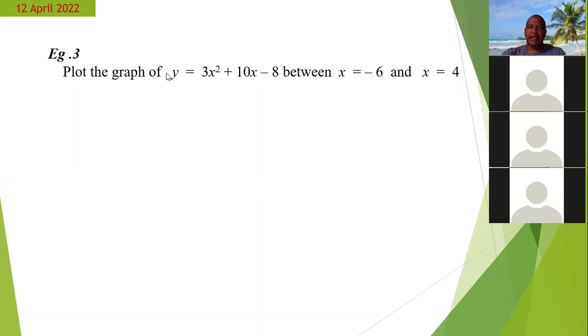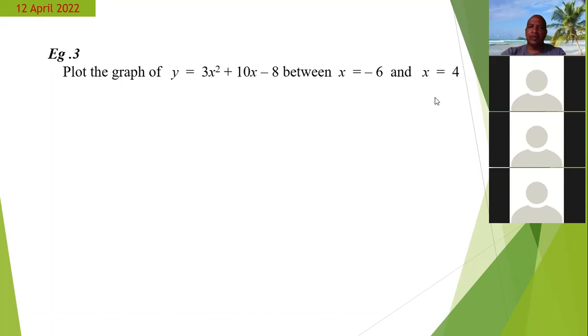All right, so the first step is to actually do the calculation for your table. In the same way, you will construct your table so that you have your x values in the first row, and your x values are going to go from -6 to +4.